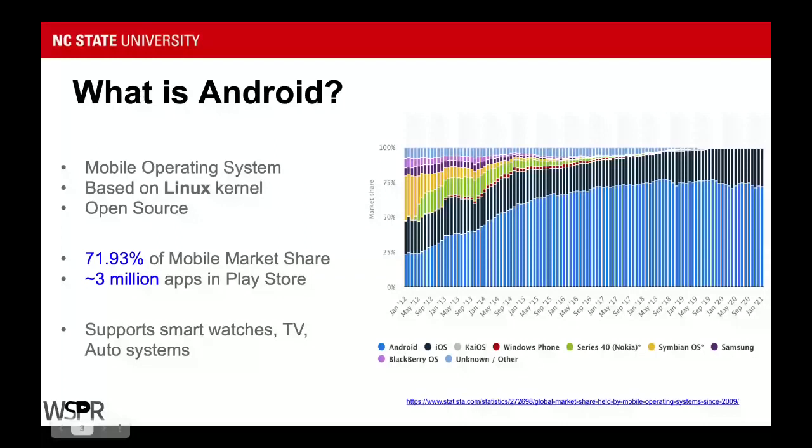Is the Android operating system limited to just mobile phones? No, we have smart watches, tablets, Android TV, and even the Android system can be installed in your car. So we have these cool ways of making our gadgets smart, and it's expanding day by day.